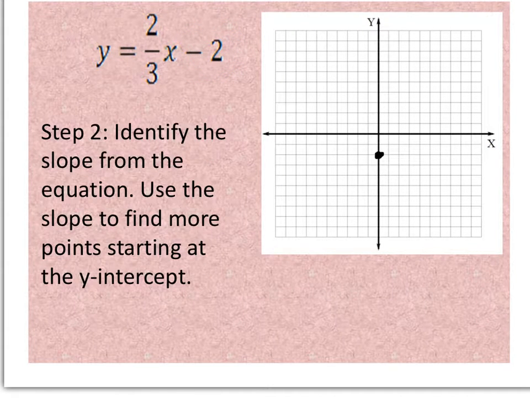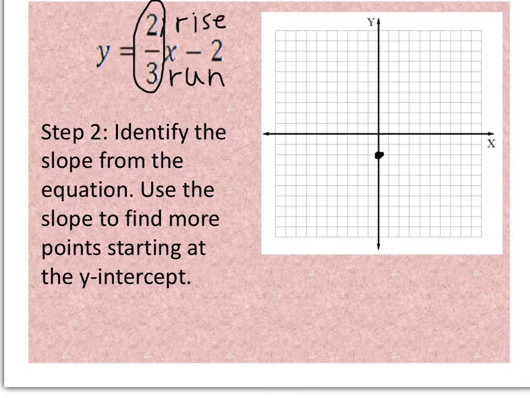For step 2, we need to identify the slope from our equation. So we know that our slope is 2/3. Okay? Remember that our slope is our rise over our run. So it says to use the slope to find more points starting at the y-intercept.